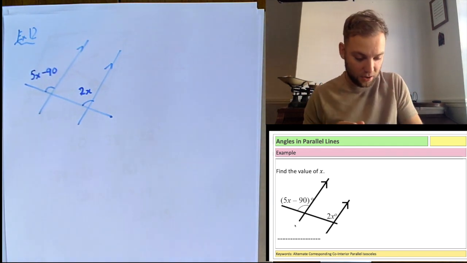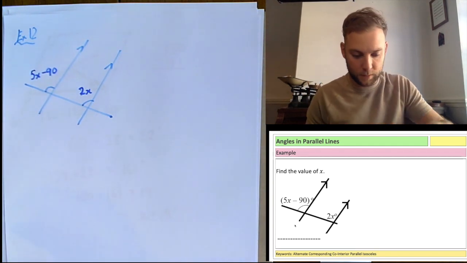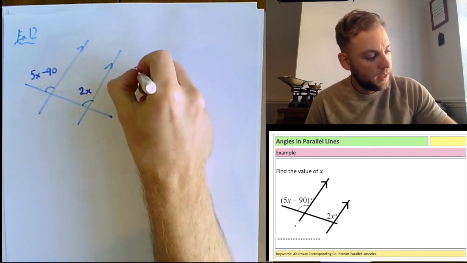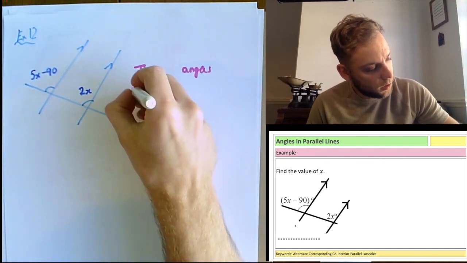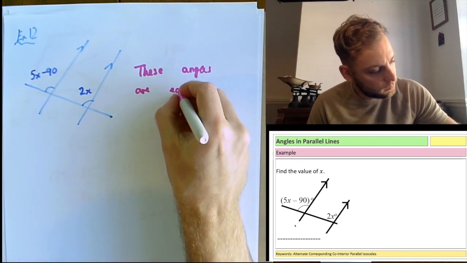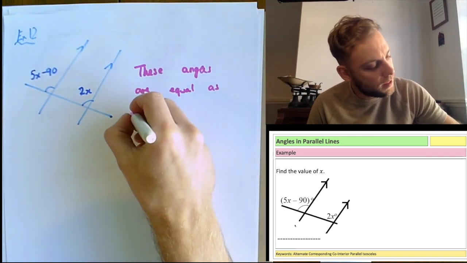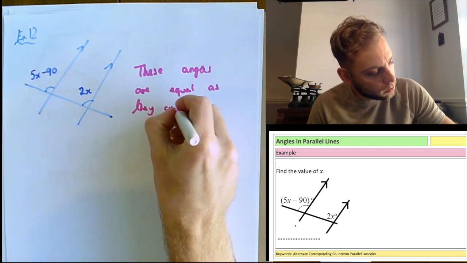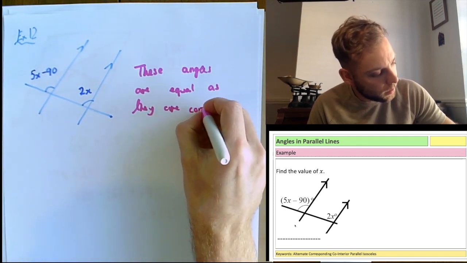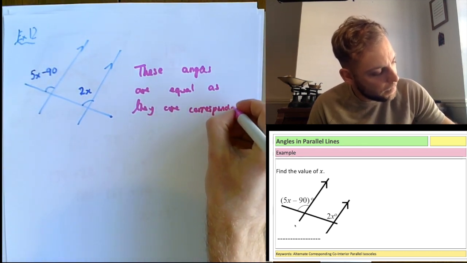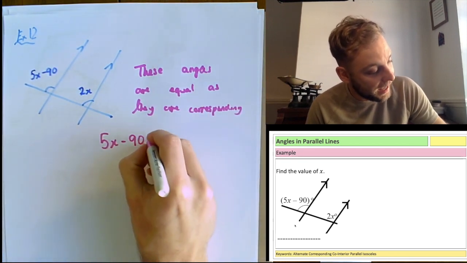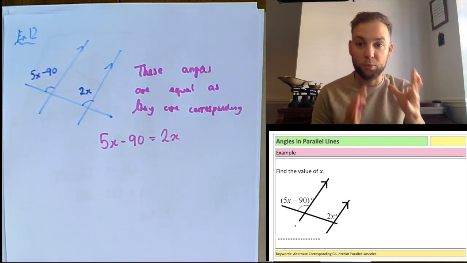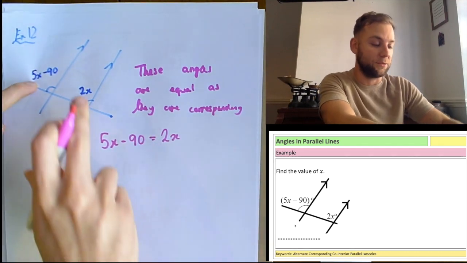So I can say that these angles are equal as they are corresponding. So I can say that 5x minus 90 is equal to 2x. Brilliant, I've formed an equation because I know that that angle is equal to that.